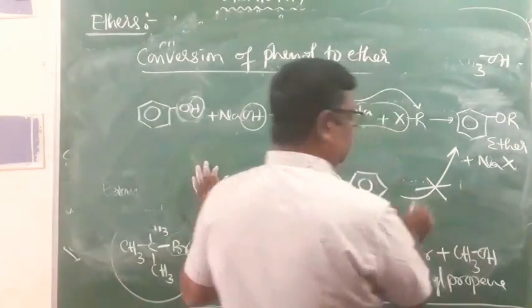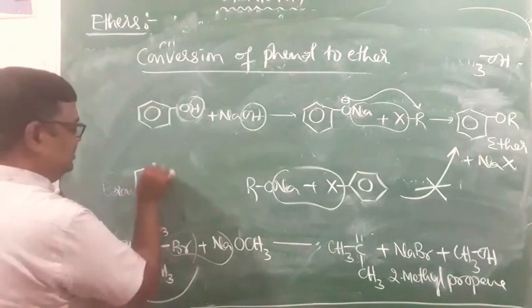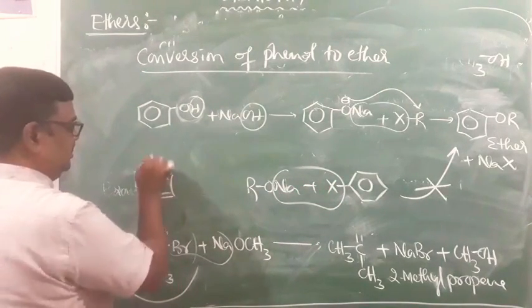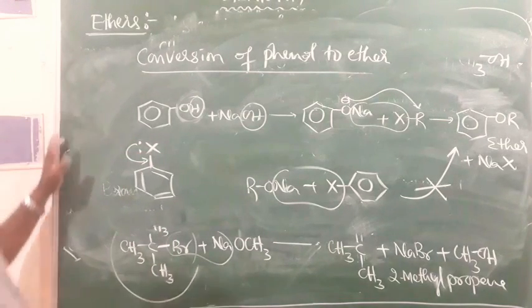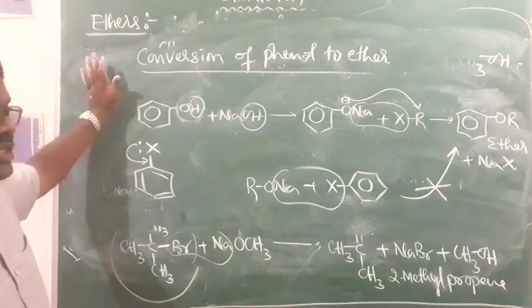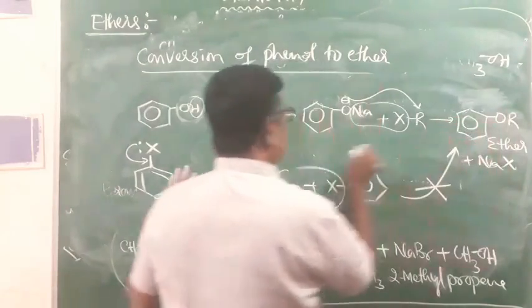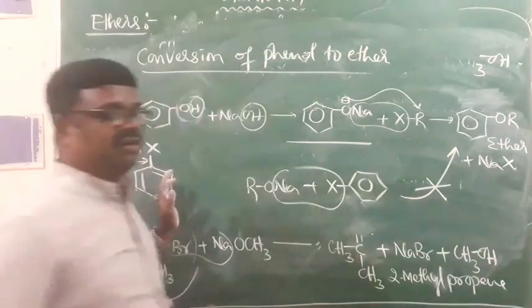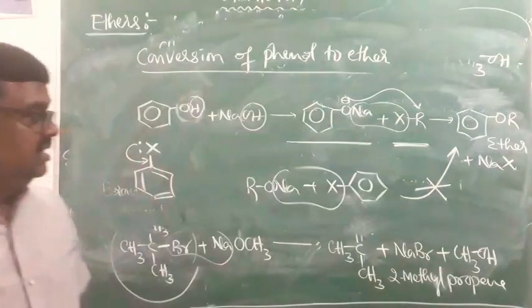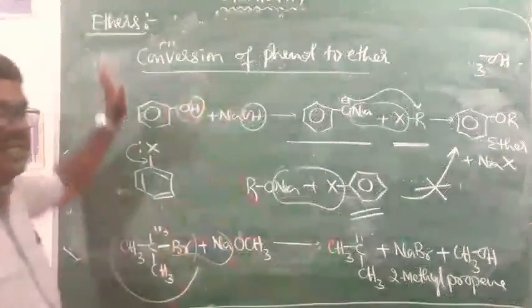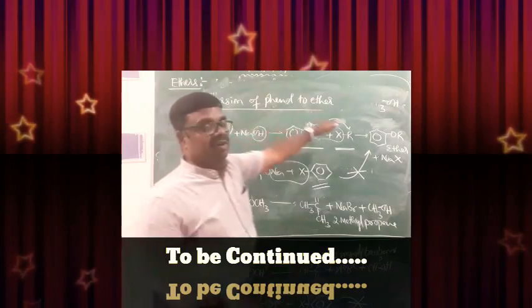No, reaction not possible, because in the case of haloarenes, ಏನಾಗುತ್ತೆ? There is a double bond character between carbon and halogen, and they do not undergo nucleophilic substitution reactions easily. Therefore, in order to prepare this alkoxybenzene, you must use sodium phenoxide and of course primary haloalkane. You cannot use haloarenes in ether synthesis for the preparation of ethers. You must use haloalkanes, right?